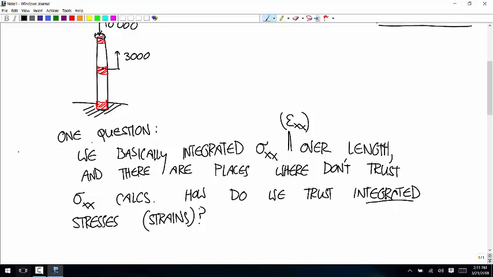Because we are really taking the strains at every single point and adding them up.